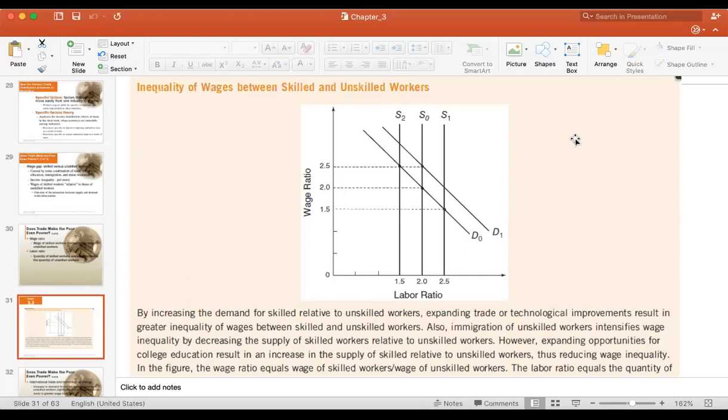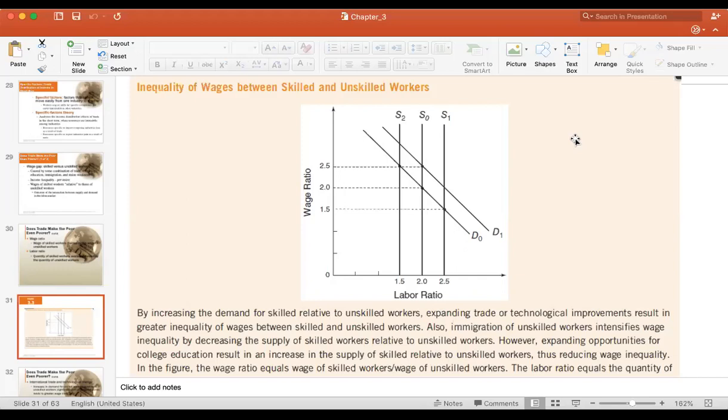In other words, you will have a lot more skilled workers versus unskilled workers. So obviously, the wage ratio proportionally will be made better off.